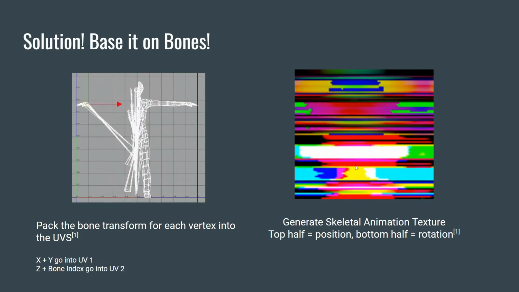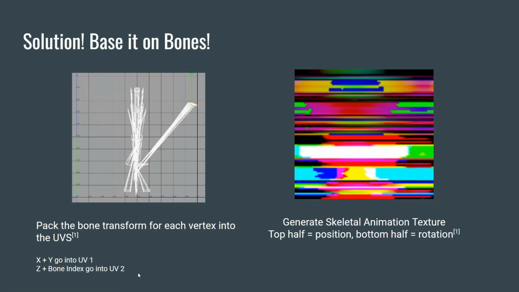So for every bone, we fill in our texture saying how their positions change and how their rotations change. And then all we need to do is map what bone each vertex belongs to. So we can create two UV channels, UV1 and UV2. In UV1, we'll put the default pose, so the T pose, for the X and the Y of our bones.